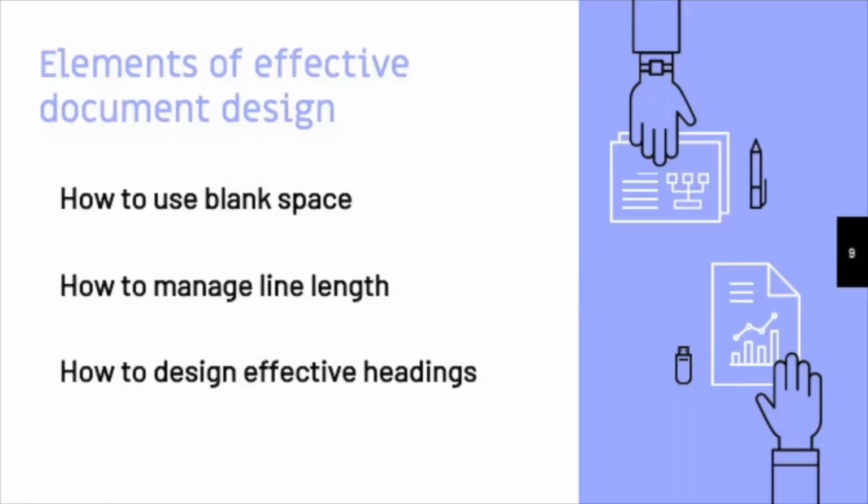I started this lecture by pointing out that technical writing is concerned about more than just words. There's no clearer demonstration of that than the fact that I'm about to spend a few minutes talking about blank space. As writers, we tend not to pay much attention to blank space. Blank space is literally defined by the absence of writing. But blank space is extremely important in document design.